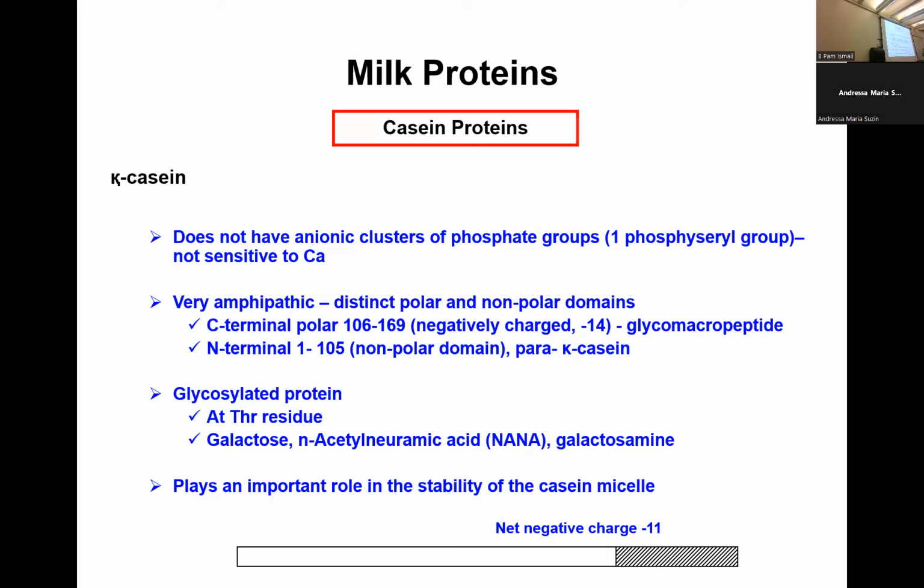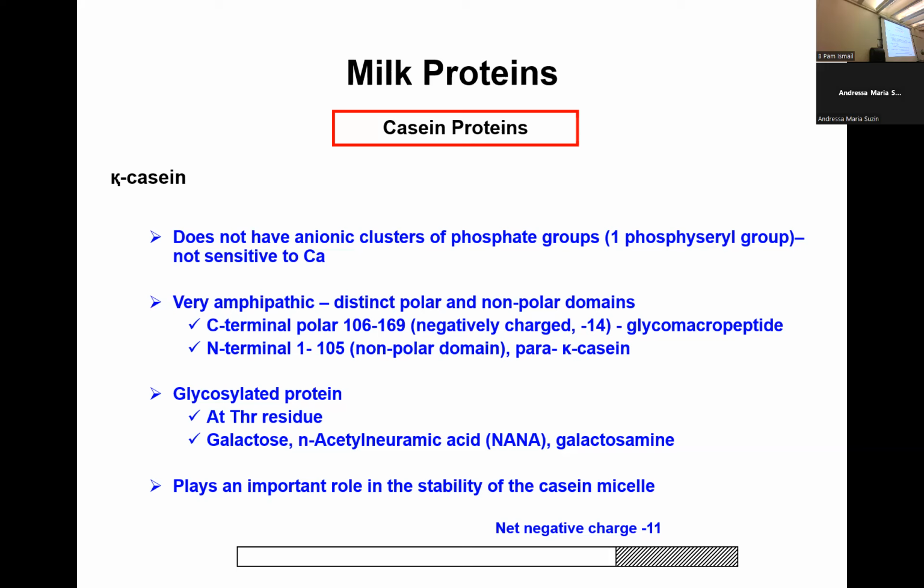So it's not really sensitive to calcium as much. But a lot of its threonine is glycosylated. So the threonine residues are glycosylated by different carbohydrates. You don't have to remember what they are, but it's glycosylated, giving it this tail. This tail end is very hydrophilic, and that is what causes stability to the casein micelle.